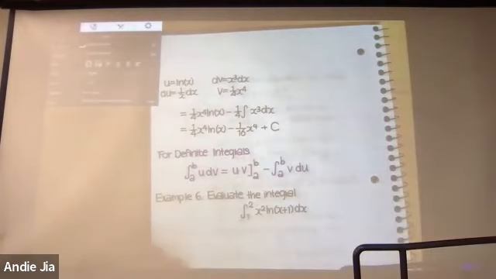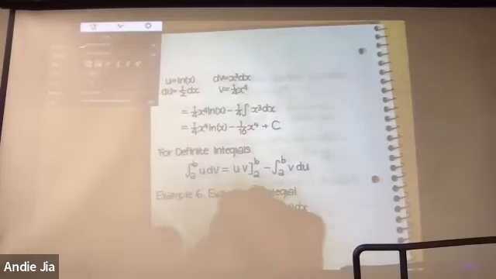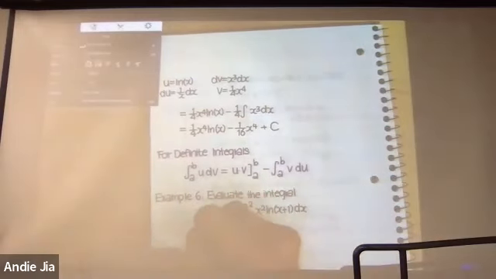In this case we will let u equal the natural log of x plus 1, and then du is 1 over x plus 1 dx by the chain rule.